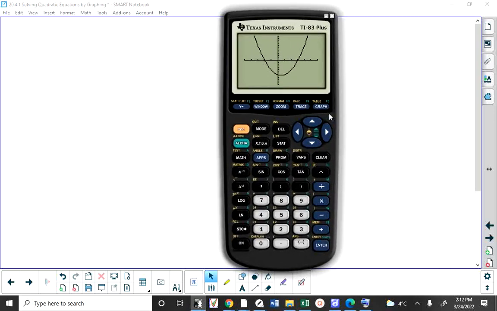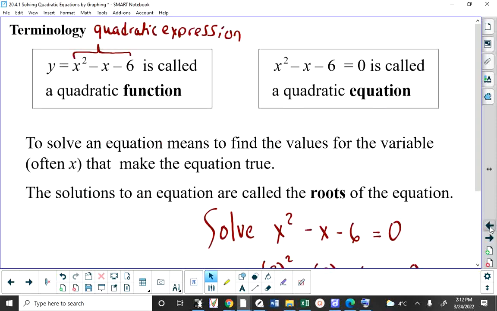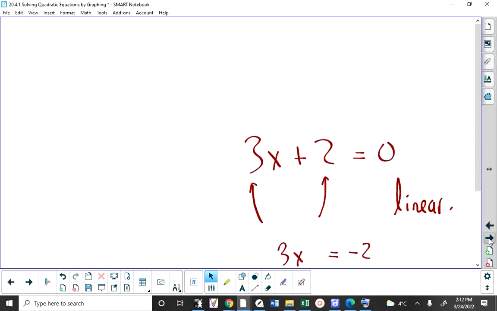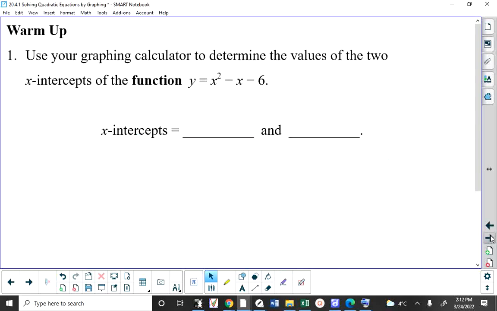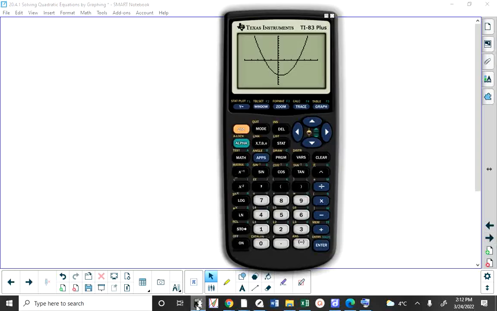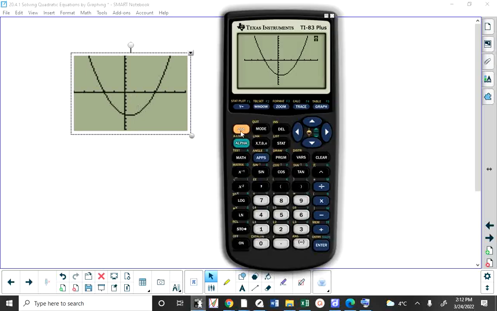So now we want to find the x-intercepts. Now I'm going to remind you of something. X-intercepts are called zeros. When I go to my calculator calculate menu for graphing, if I want to find the x-intercepts of that, then I choose 0.